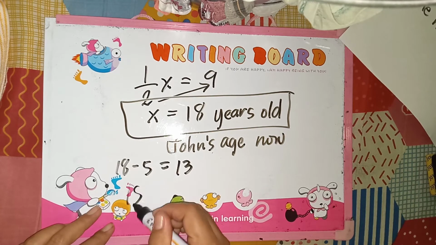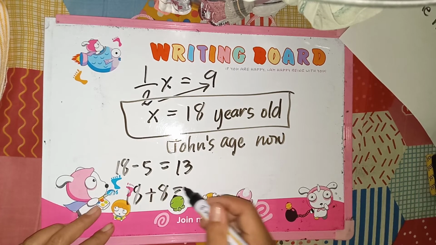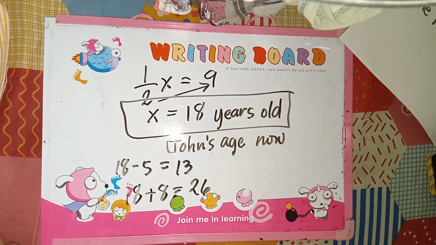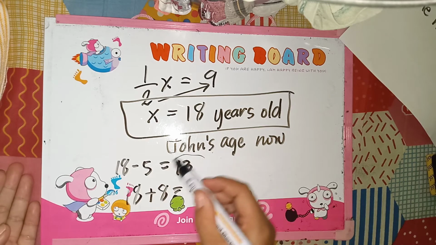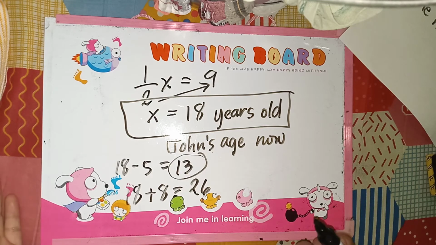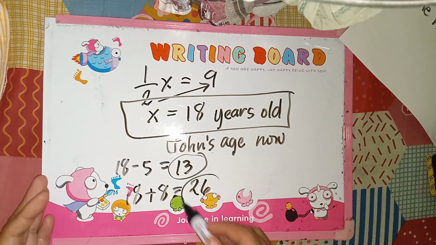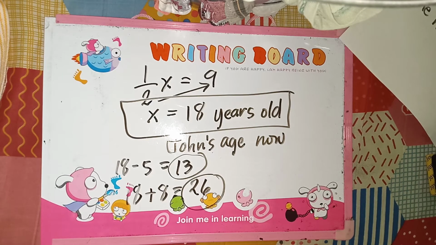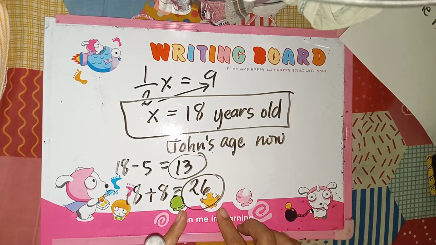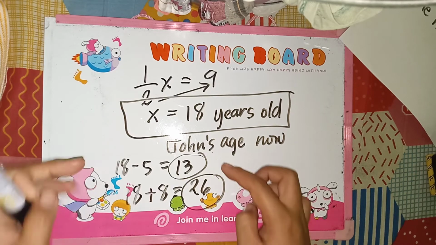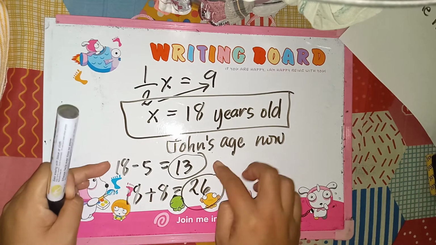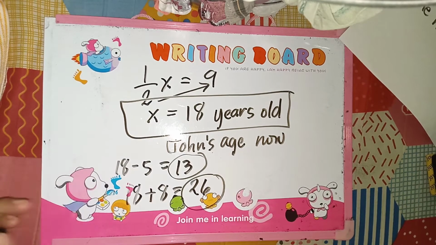So, magkakaroon tayo ng 18 plus 8 is equal to 26. As we can see, 1/2 of the age of John in 8 years will be equal to John's age 5 years ago. Ayan. So, our answer was correct.